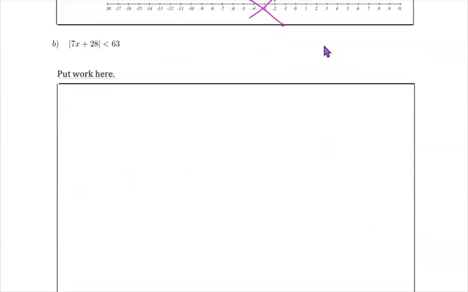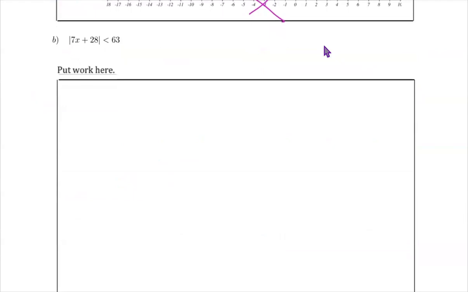The next example here. Absolute value of 7x plus 28 less than 63. Well, the absolute value is already isolated, which is good. We can identify the type now by the fact that the absolute value is already by itself.